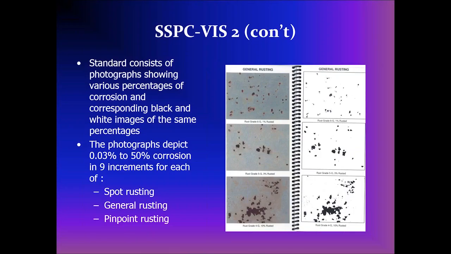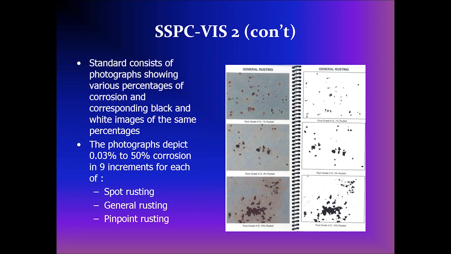The standard shows a series of photographs and black and white images representing different percentages of corrosion ranging from 0.03% to 50%. It shows them in different distributions as well.